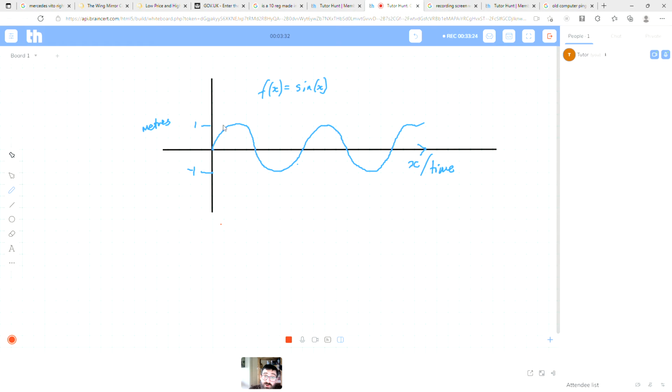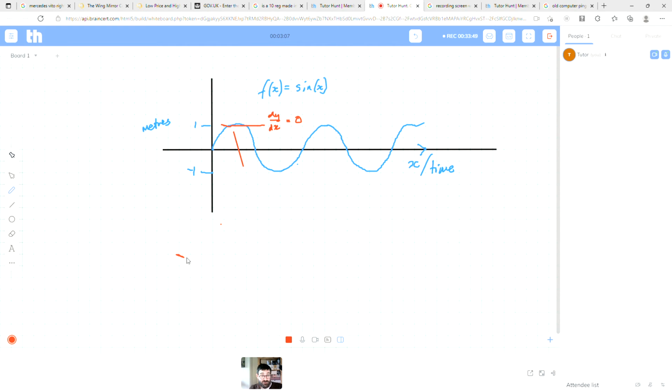So at this point here, the gradient dy/dx is 0. That means that the object was rising to +1 meter. Let's imagine that it's the level of the tide, but instead of looking down on the beach, let's imagine that we're looking at the beach like a cross section.